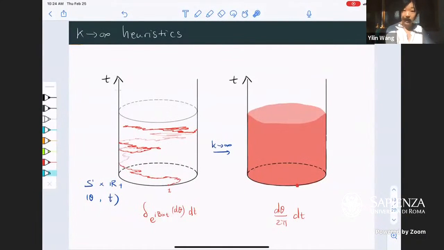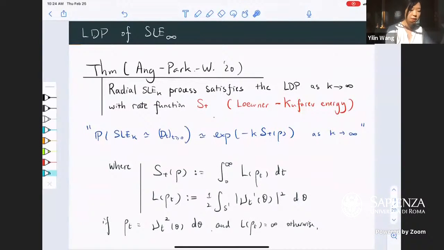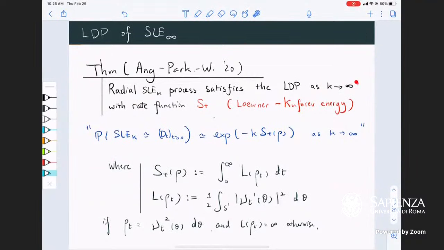Also, the large deviation depends on topology, but because of this nice homeomorphism between the measure and the evolution family, we just studied the large deviation of the driving measure. And what we obtain is that the radial SLE process satisfies the large deviation principle as kappa goes to infinity with rate function, a certain measure that's defined here. Let me just say, what does this large deviation as kappa goes to infinity mean?